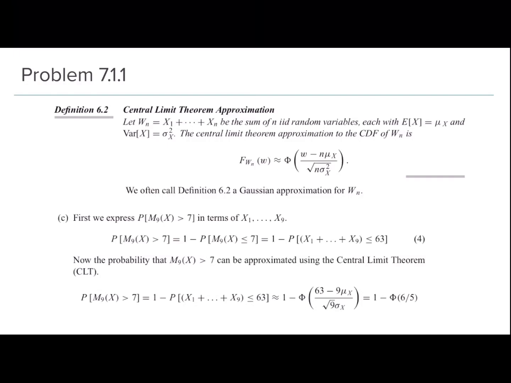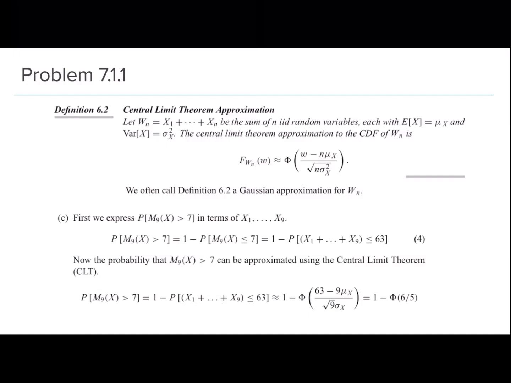And now we can use the central limit theorem approximation. The sum X1 + X2 + ... + X9 is another random variable W_n, or W_9, and the probability that X1 + ... + X9 is less than or equal to 63 can be replaced by the CDF of W_9, which is the sum of X1 through X9.